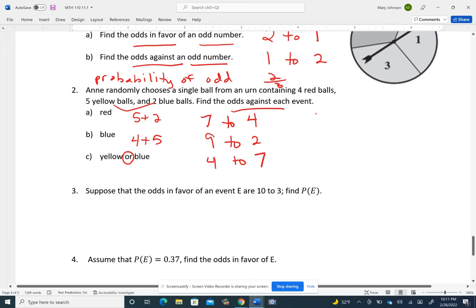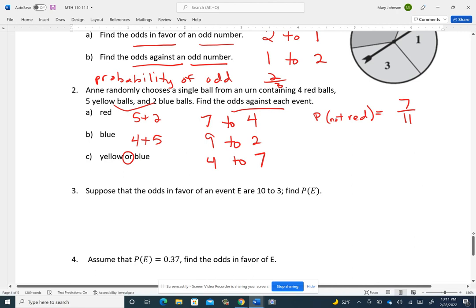So if we wanted the probability of not getting red, then it would be 7, but it wouldn't be over 4. It would be out of all total. So it'd be 7 out of 11. That's the difference.